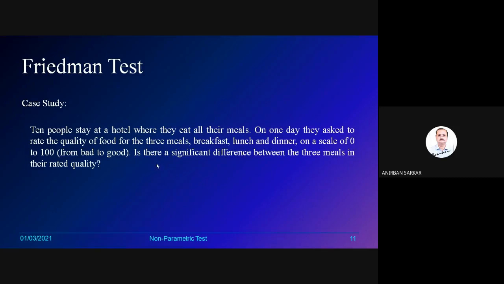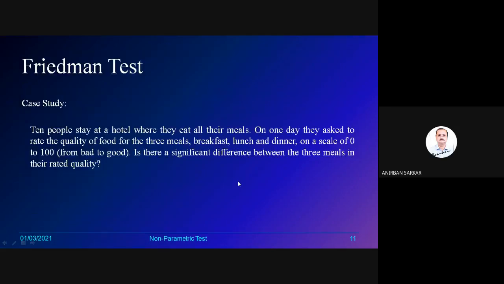The hotel owner or the manager wants to check the quality of the 3 meals being offered, and for that they have asked the 10 people for a rating on a 0 to 100 point scale, to rate the quality of the meals served in breakfast, lunch and dinner. Now they want to test whether there is a significant difference between the quality of the meals or not. So this is the case.